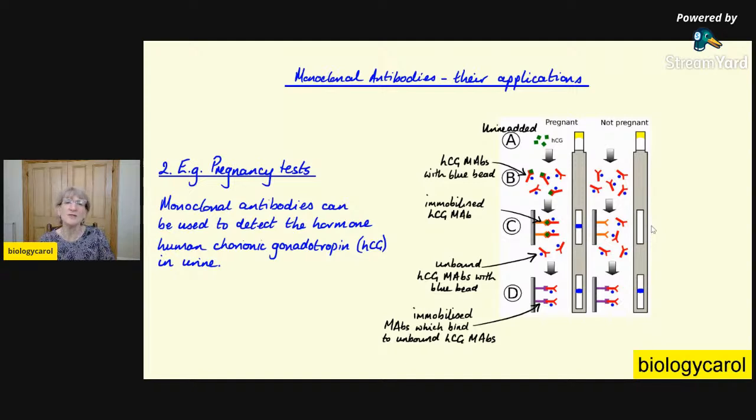They can be used to diagnose conditions, pregnancy. They can be used to diagnose illnesses, cancer, for example, because they can have a fluorescent dye attached to them. Alternatively, these antibodies can also have drugs attached to them, which can then target specific disease cells. The example that I gave you was cancer cells.